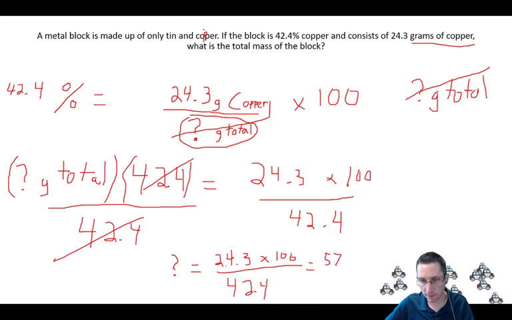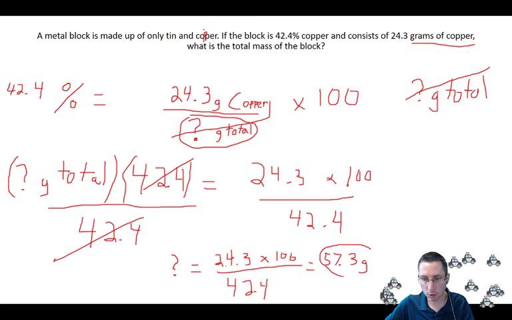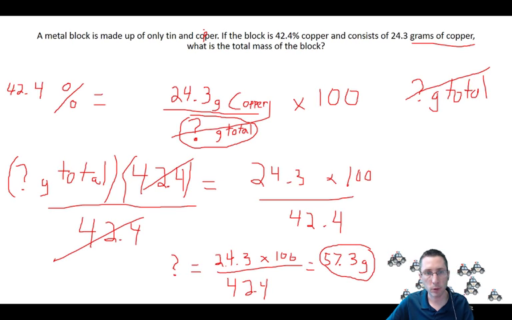And I get 57.3 grams, rounding to 3 sig figs. So that's the total amount of mass of the block, 57.3.